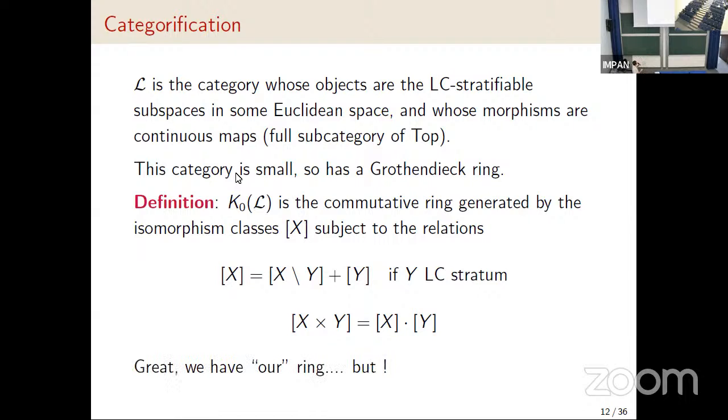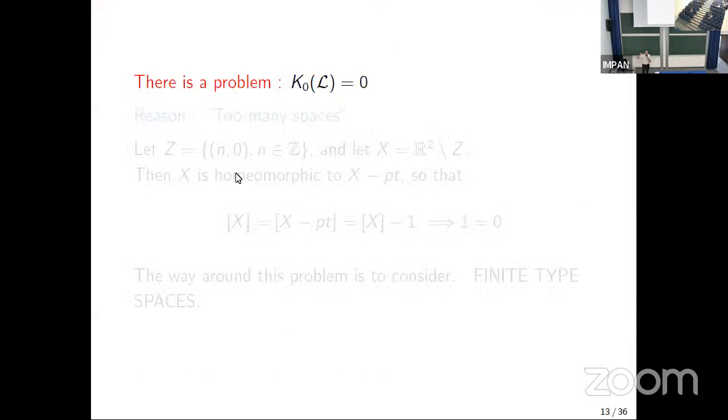Okay, so we have a ring, and things seem to be great, right? I mean, I have now a ring of strata. I can add strata, subtract strata, and multiply strata. That was the point. Okay, but this ring is 0. Yeah, I mean, we wrote 10 pages before we realized.